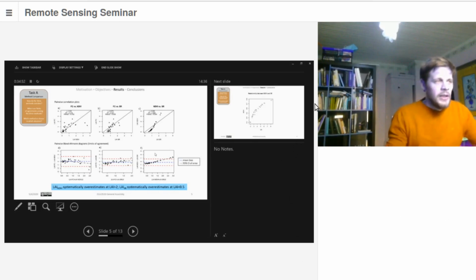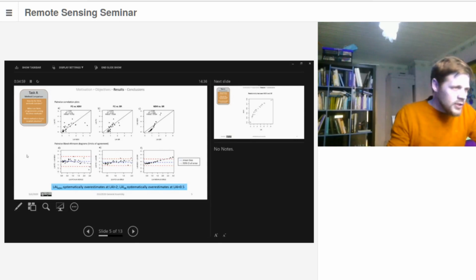Okay, so what you can see from these plots D to F is very interesting. In plots D and F you see points which are falling outside these confidence intervals, and in both cases the NDVI method is involved, okay? Which means that there's something going on with the NDVI method.